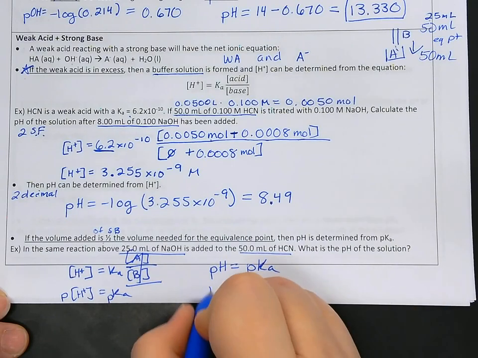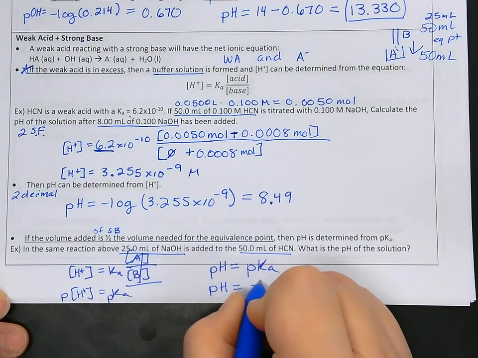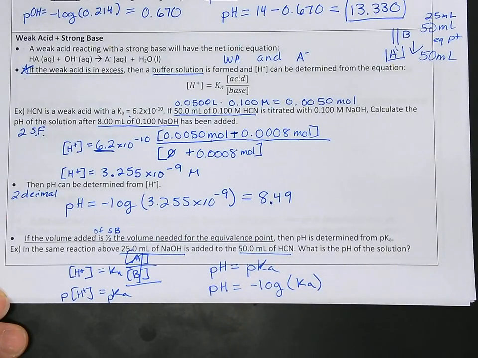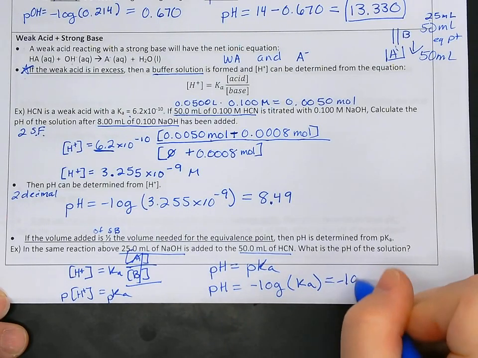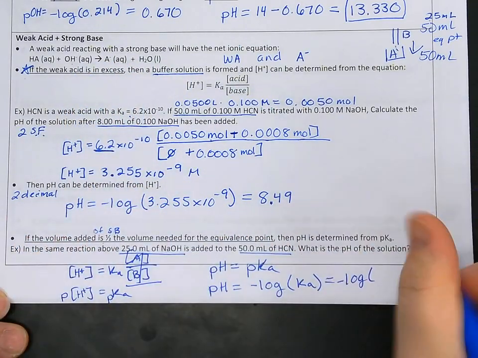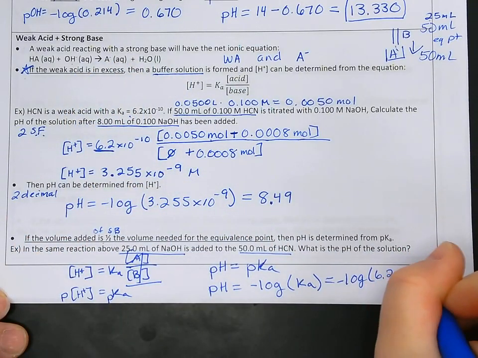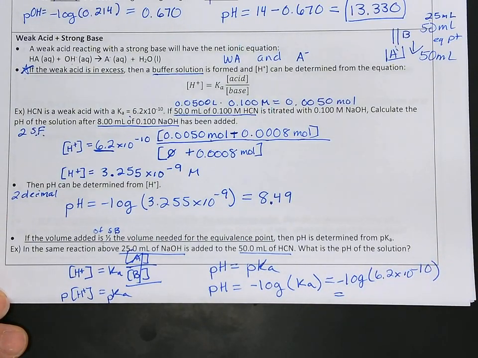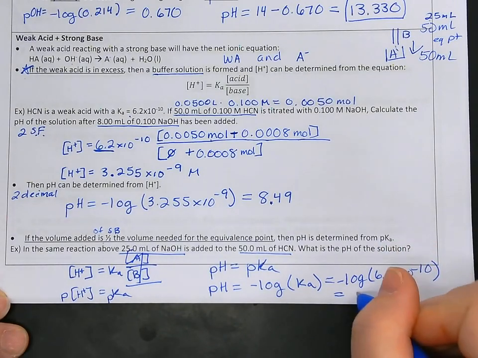Well, pKa equals the negative log of our Ka value. That's what the P stands for. So negative log, our Ka value we have given up here, 6.2 times 10 to the negative 10. So our pH is going to equal 9.21.